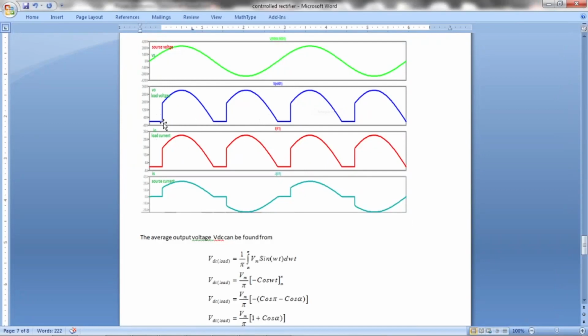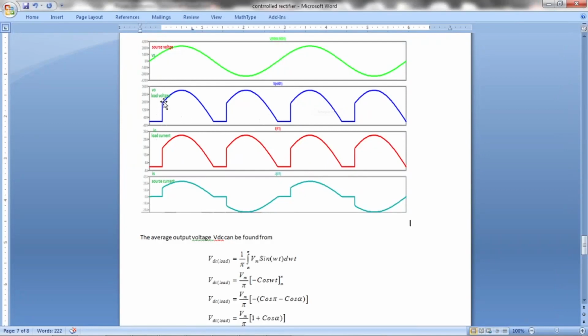The starting angle I will consider as alpha, meaning the starting time when SCRs T1 and T2 start conducting, that is alpha, and it ends at pi. That's the reason I am integrating from alpha to pi.